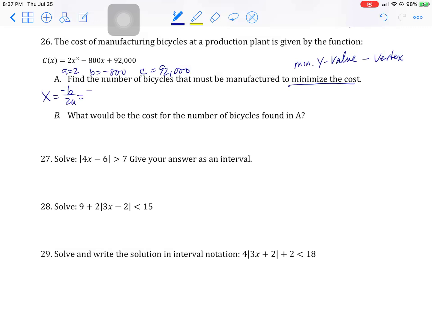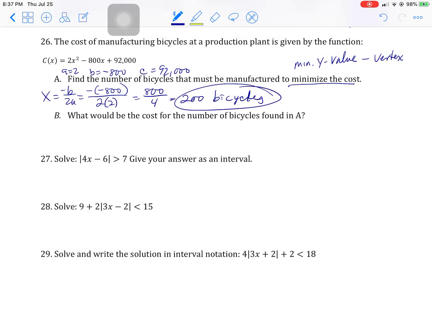Negative b would be a positive 800, over 2 times 2, which is 4, and that's going to equal 200 bicycles. That is the number for that.